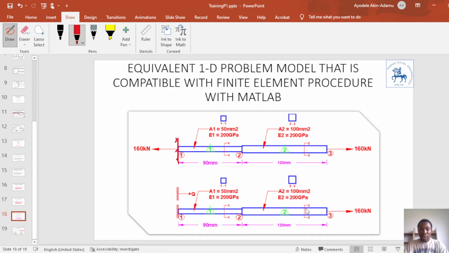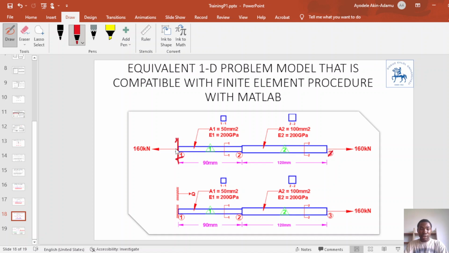And if we apply a 160 kilonewton point load at node 3, we are going to have the same response in the structural body as for a problem with 160 kilonewton applied at both node 3 and node 1.